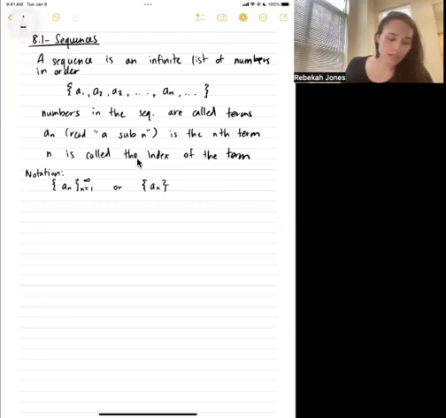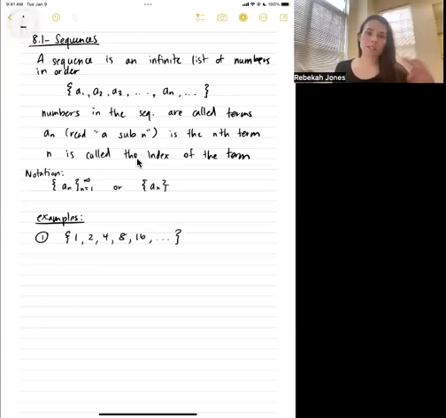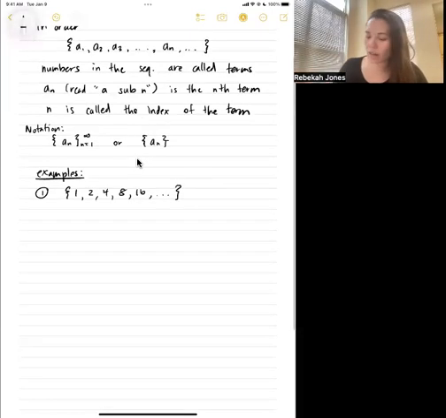Okay, so let's look at some examples. So first we have this. We have a list of numbers and we can see that there's some sort of pattern, and the dots just indicate that that pattern continues.